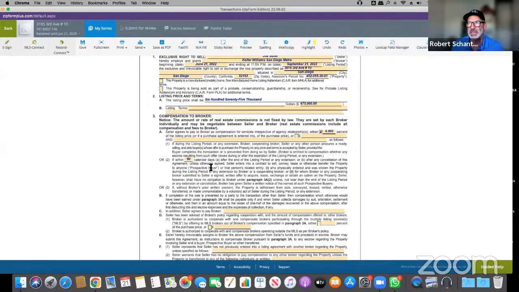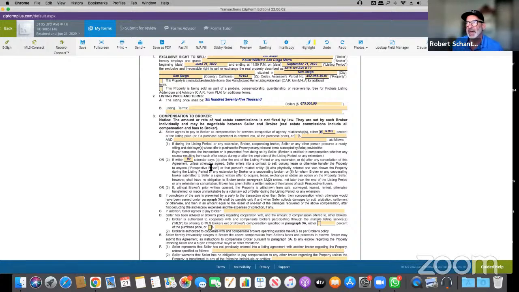So here's an example. You're on the 89th day of this listing. A buyer pops up, knocks on the door, and is brought by another agent to see that property. And that seller says to that prospective buyer, hey, come to me tomorrow because my listing expires and we'll negotiate a deal.